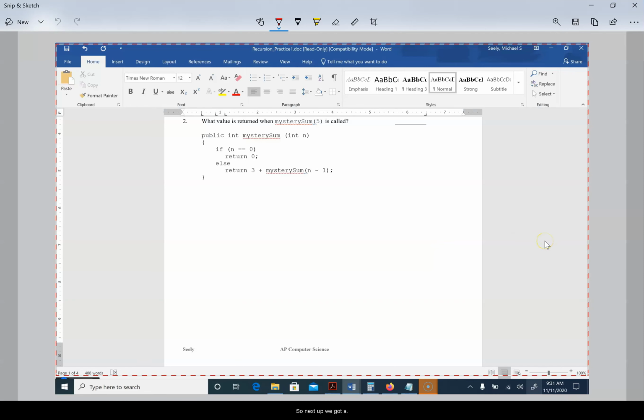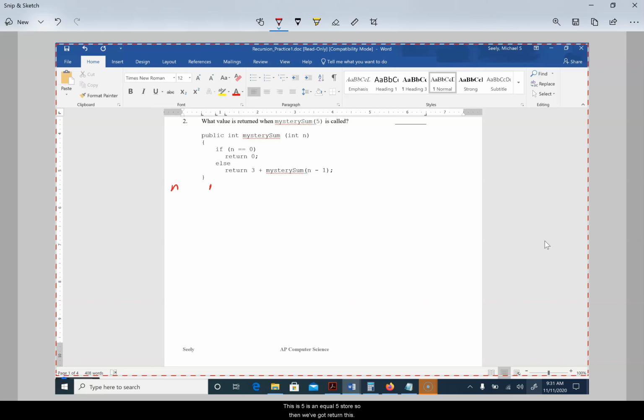So next up, we got, what value is returned when mystery sum 5 is called? So we've got our n value, n, and then we've got, this is 5. Is n equal to 5? So return, nope.